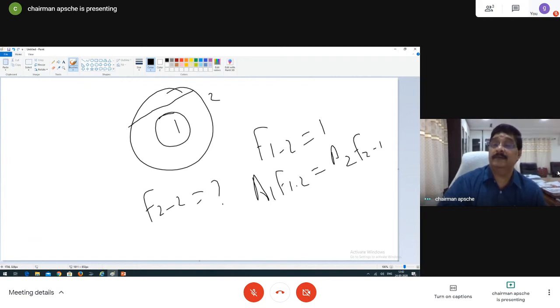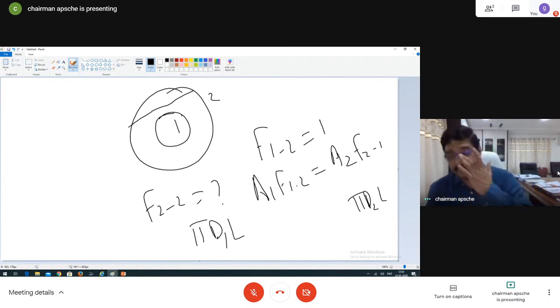Okay, so A1 and A2, the radius is given, take length as a meter. So what is the surface area, pi dl or 2 pi rl, whatever you call it. A1 is pi d1 l, d1 is 1 meter, A2 is pi d2 l, l is 1 meter, d2 is 2 meters. So A1 and A2 are calculated, F1 to 2 is 1, because the radiation coming from this will also be intercepted.